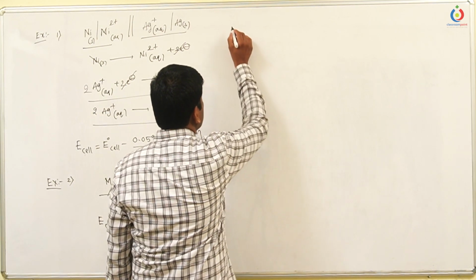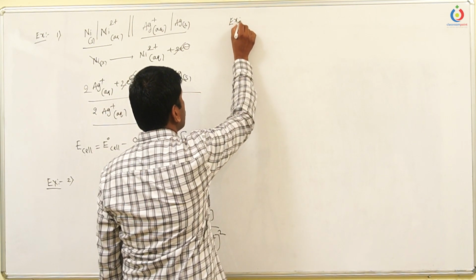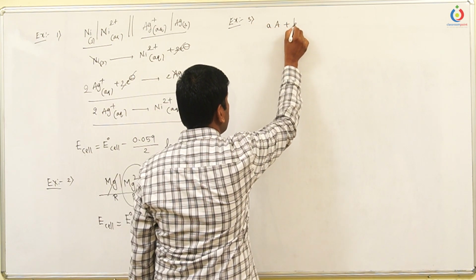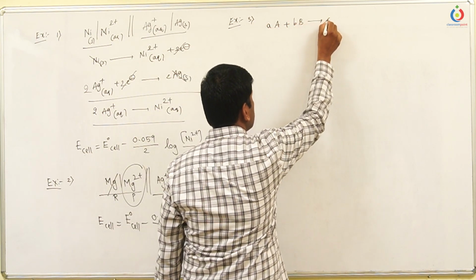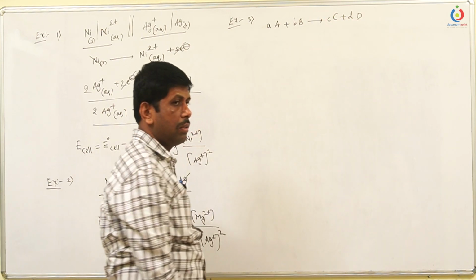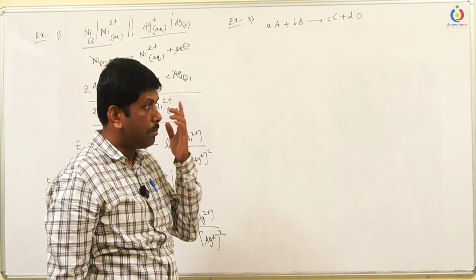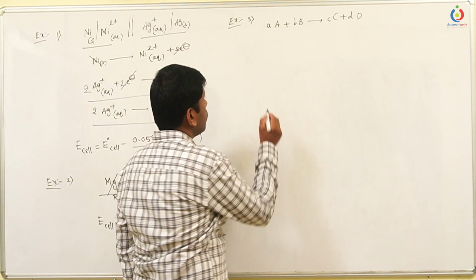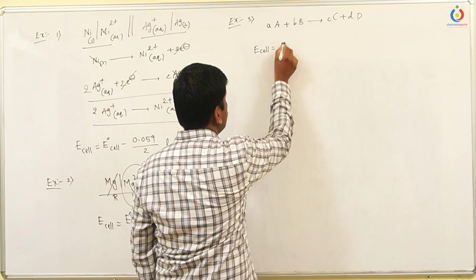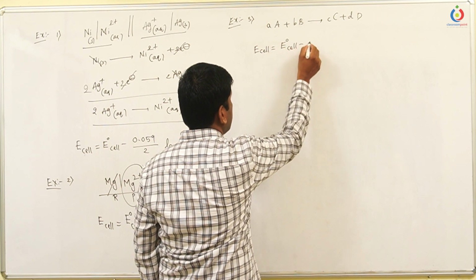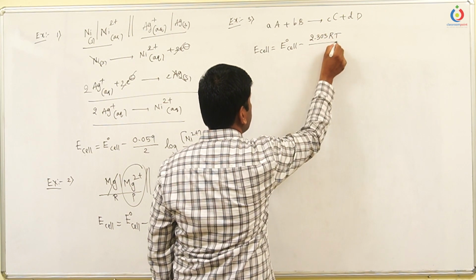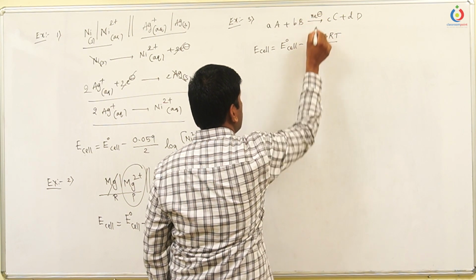What if the reaction is given in a general way? Let us take A plus B gives C plus D. Nothing is solid. All are either in aqueous form or ions, whatever it may be. So in such cases, E cell equals E naught cell minus 2.303 RT by nF, where we consider n moles of electrons exchanged.